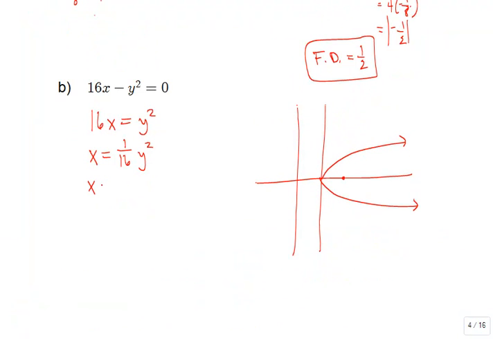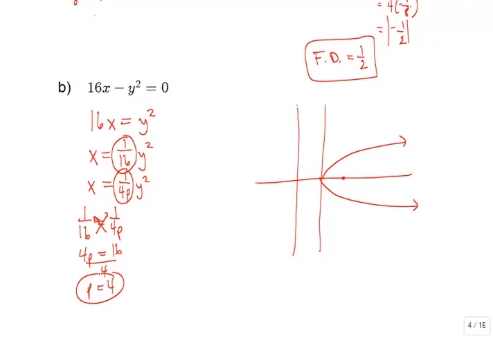So this is supposed to equal x equals 1 over 4p y squared. So that forces 1/16 to equal 1 over 4p. And if I cross multiply, we get 4p equals 16, divide by 4, and that tells me that my p is 4.